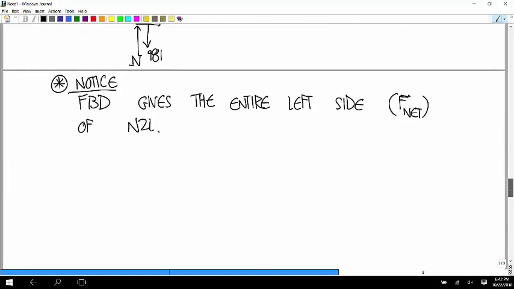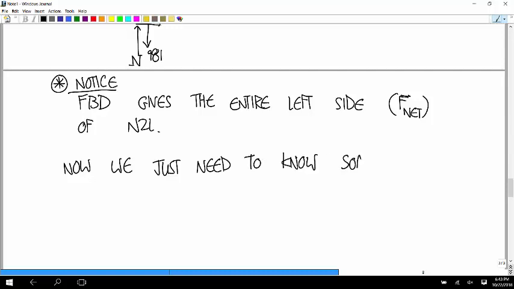Okay, so that's it for the steps for drawing a free body diagram, except now we don't know anything about the directions of contact forces. So now we just need to know something about the directions of different forces.